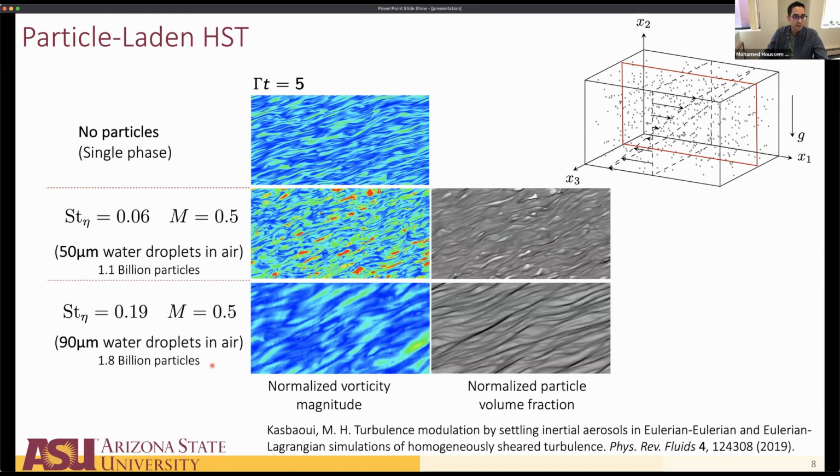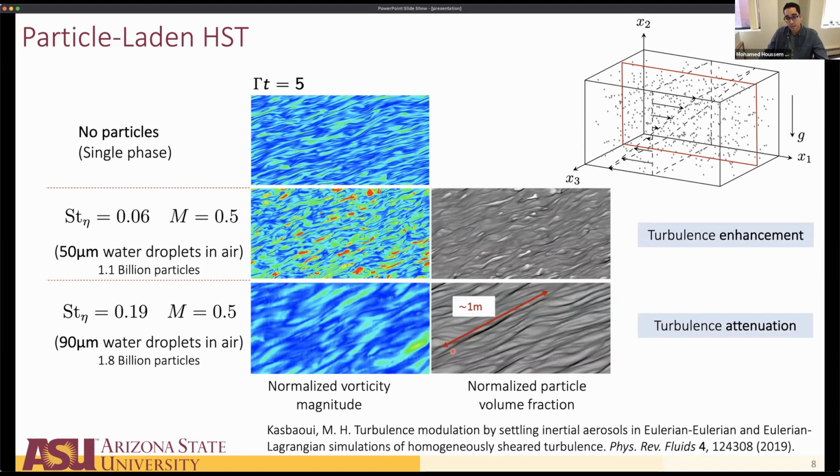Now, with the second case, where we have 90 micron water droplets, so slightly larger water droplets, we observe the opposite behavior. Basically, the turbulence has been diminished. So this is a turbulence attenuation case, and the particles also cluster along these very, very elongated clusters. These are particles that are 90 micron, but this cluster that I'm highlighting here has a length of 1 meter.